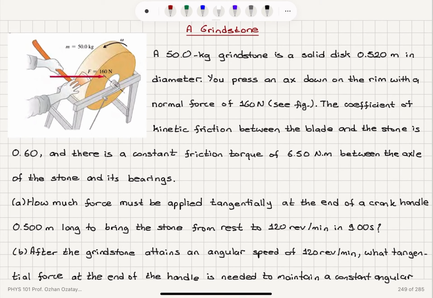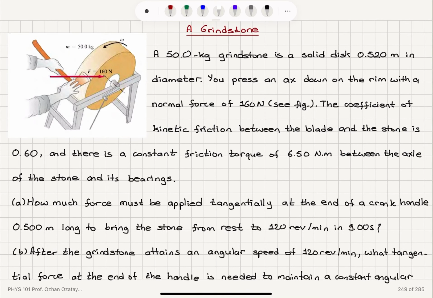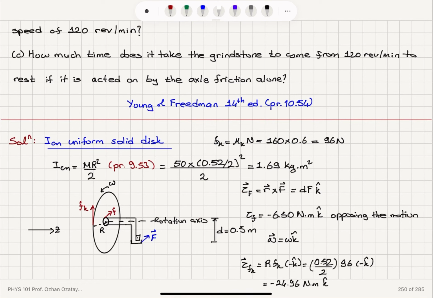So we want to apply a force tangentially at the end of a crank handle 2.5 meters long to bring the stone from rest to 120 revolutions per minute in 9 seconds. So we apply a force here. This is the blue force, not the normal force that we're applying here. That's going to cause R cross F in the plus k hat direction for this force.